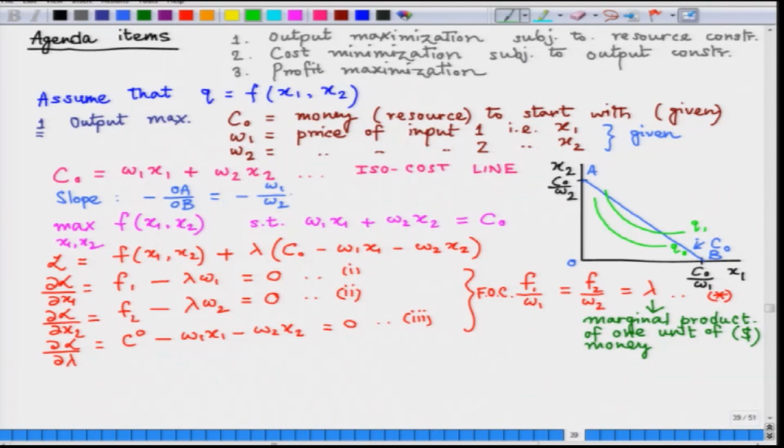So, in this case if we superimpose the iso quant map, then the firm will try to be on the highest possible iso product curve or iso quant.